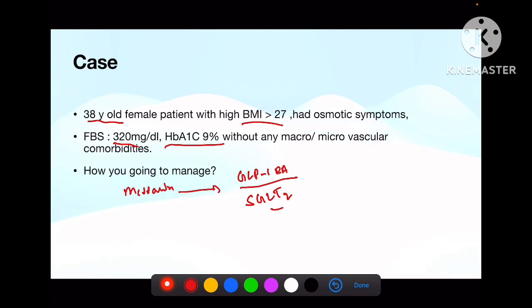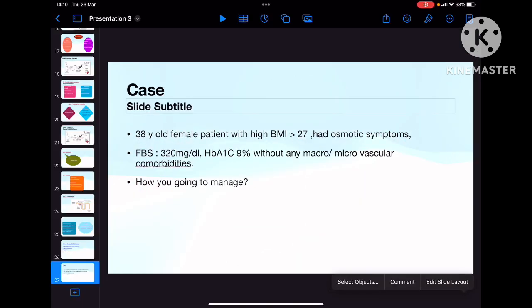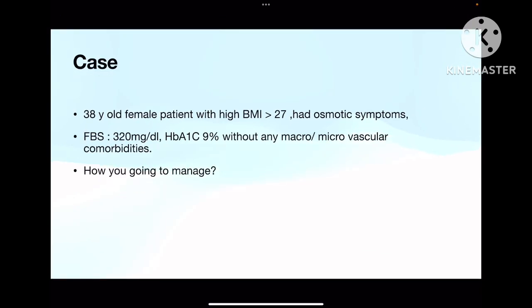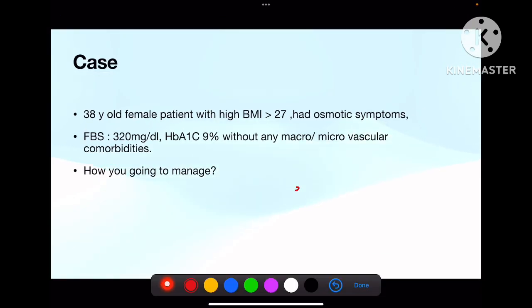Then with that, if you cannot achieve the HbA1c at your target level and the fasting blood sugar at your target level, you have to keep in mind another, third drug. As a third drug you can add DPP4 inhibitors, like linagliptin or sitagliptin.